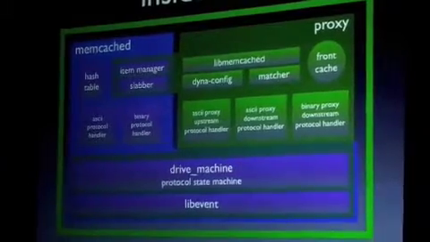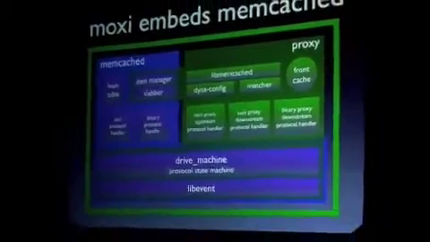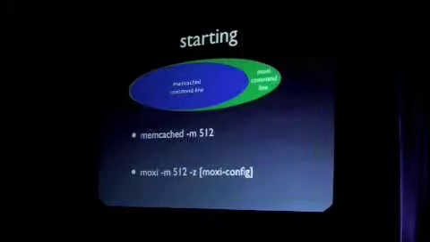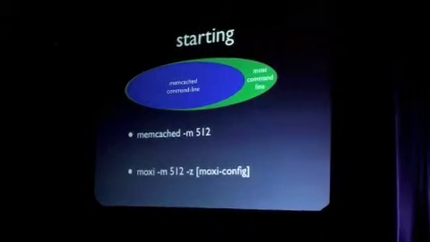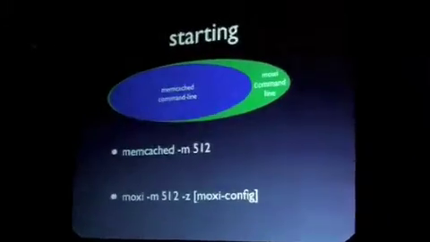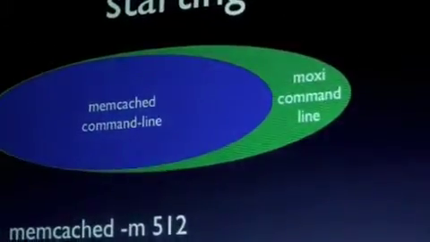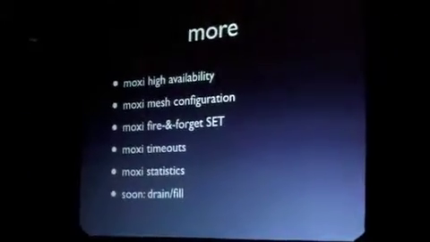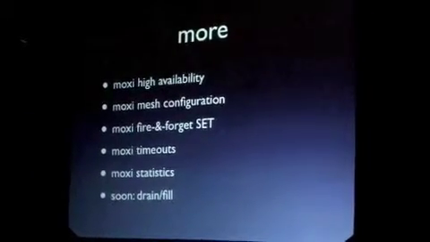So you could consider it as Moxi embeds a memcached, or Moxi has a memcached inside of it. So Moxi is able to support the command line of memcached, actually a superset of the command line of memcached. There's a lot more other features, high availability, a bunch of mesh configuration stuff, fine-grained gets, on and on.